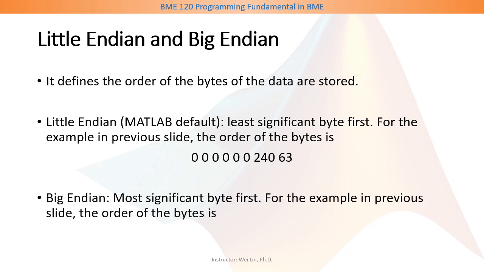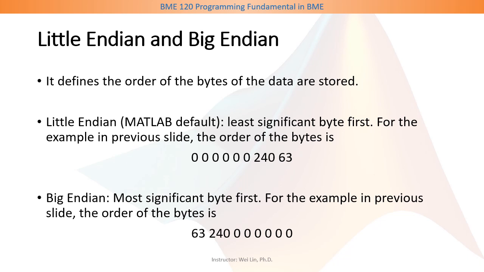Alternatively, you can specify the so-called big endian format. In this format, the most significant byte will go first. And for the same example, you will see the exact same sequence we got in the previous slides. Now the question is, how to choose between the 2 formats?